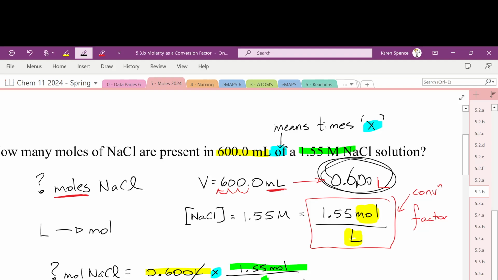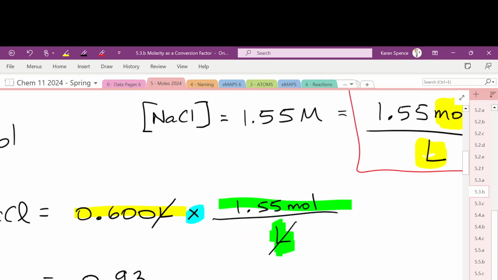0.93. What's the only unit we have left? Moles. Is that a good answer? No. Yes. Yeah, I need to have correct significant figures. What should it be? Three sig figs and 3 sig figs.